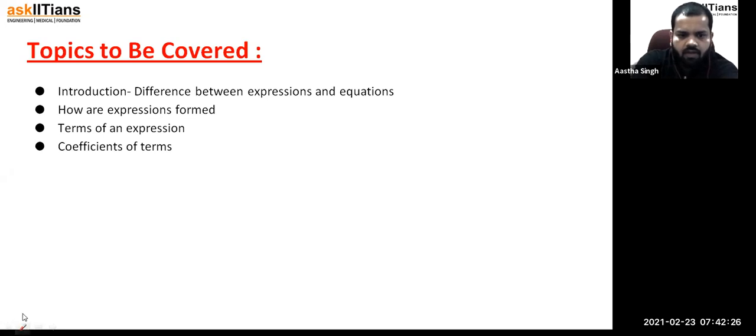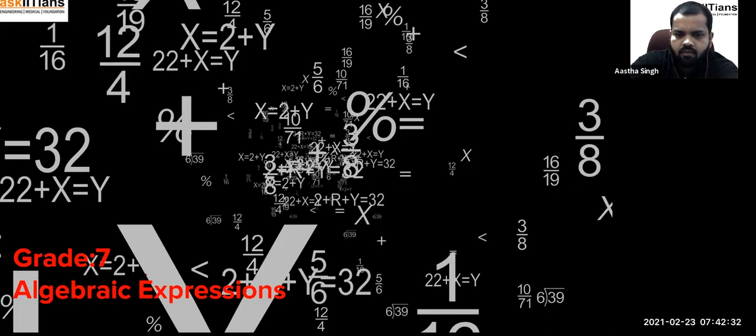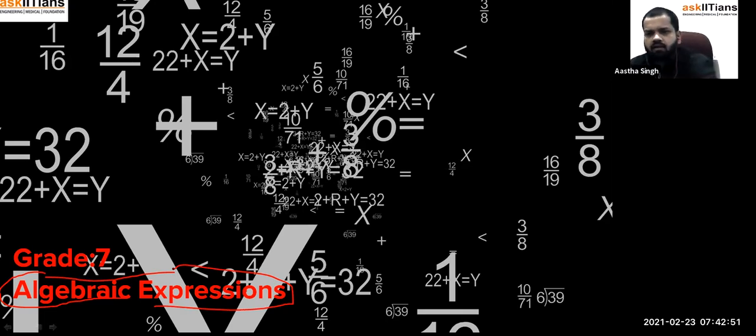Yeah, guys. So algebraic expression, right? Let me tell you what is algebraic, and what is expression. These both are the words we are going to discuss in the chapter. Algebraic is something which involves addition, subtraction, multiplication, right?